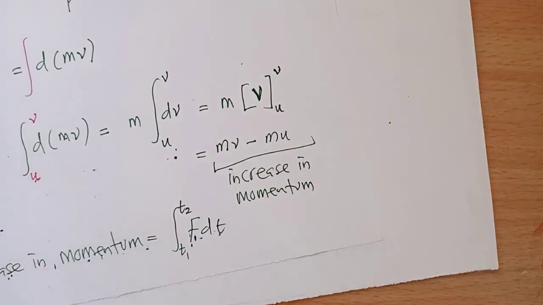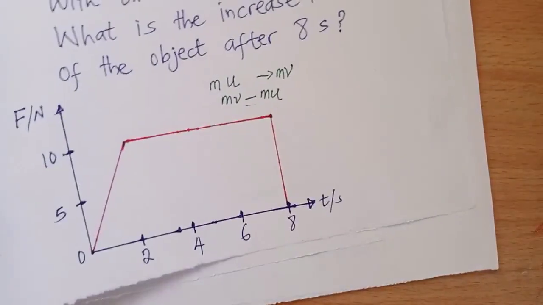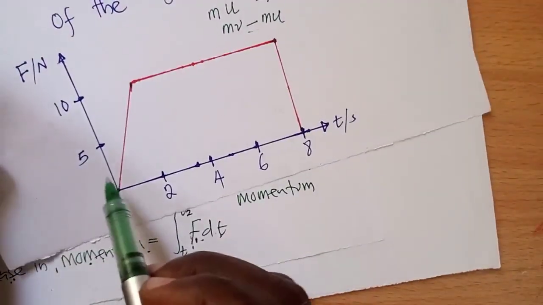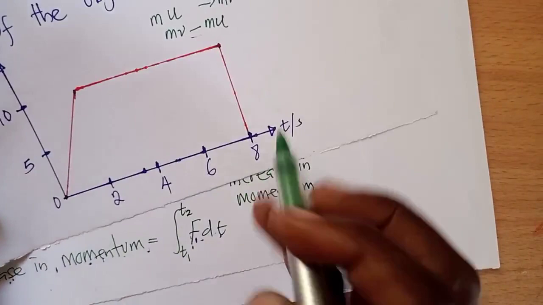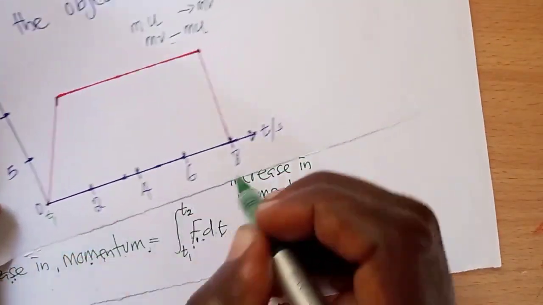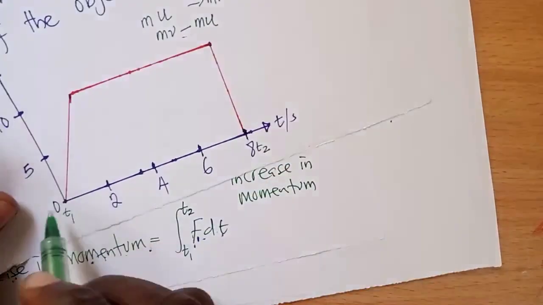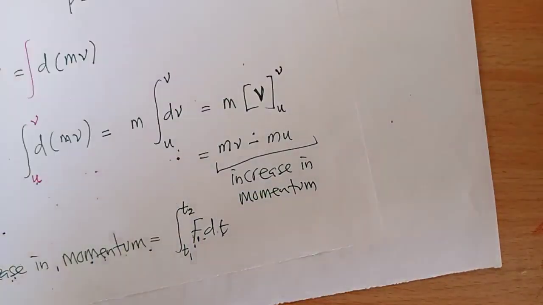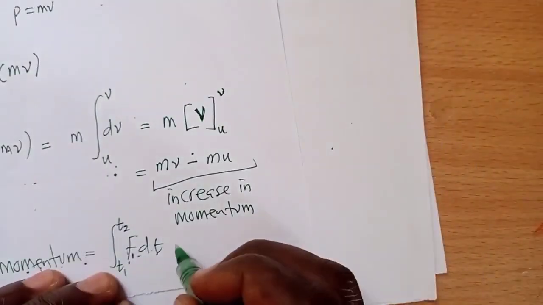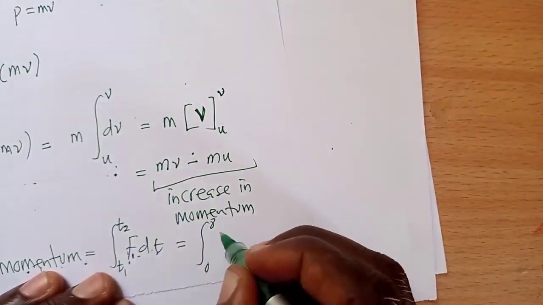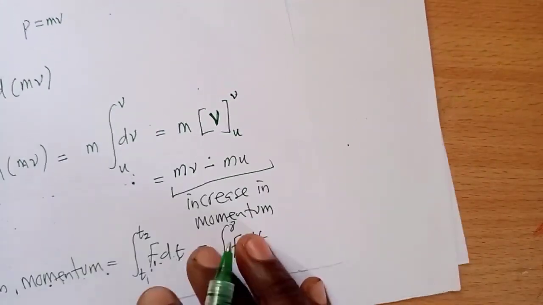Now, which one is t1 and which one is t2? We go to the graph. You see, the force started acting on the object here, and it ended here. So this is your t1 and this is your t2. t1 is 0 and t2 is 8. So we continue and say this is equal to the integral from 0 to 8 of F dt.